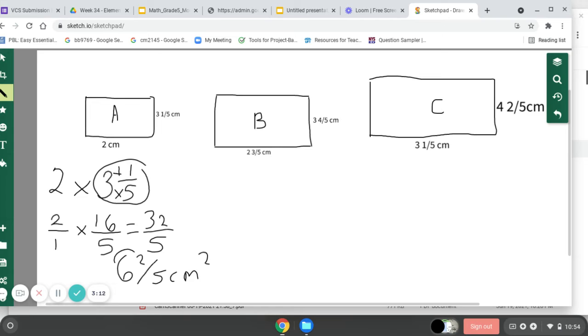So that is the area for rectangle A, 6 2/5 centimeters squared.